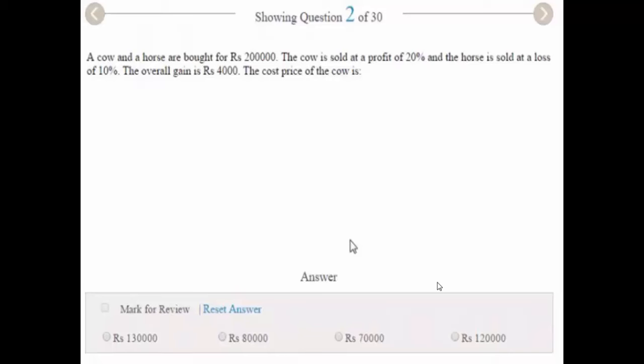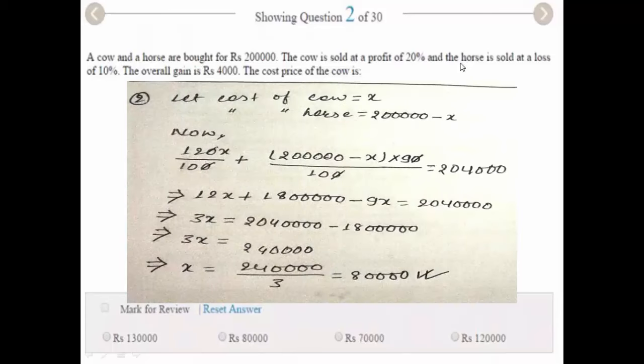Next question is: a cow and a horse are bought for 2 lakhs. The cow is sold at a profit of 20% and the horse is sold at a loss of 10%. The overall gain is 4,000. The cost price of the cow is, this is the solution. Let the cost price of the cow be x, then the horse price is 2 lakhs minus x.